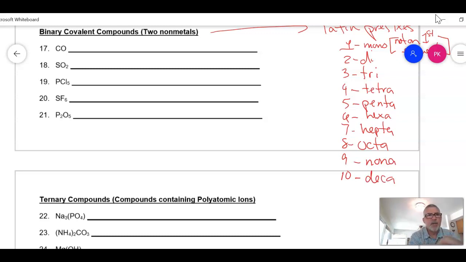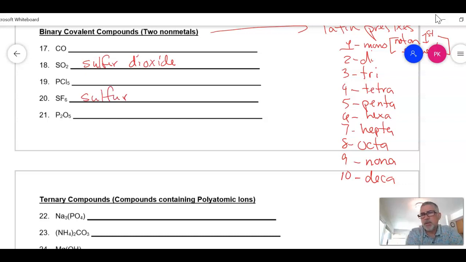So if I was going to name these, and covalent means all nonmetals, so there's not any metals in there. So make sure before you're naming these, there are not any metals. So if I come to 18, S was sulfur, and O, remember, was oxide because it ends in "ide." But since there's 2 of them, I have to use my prefix. My prefix for 2 is di. If we come down to 20, it still starts with sulfur.